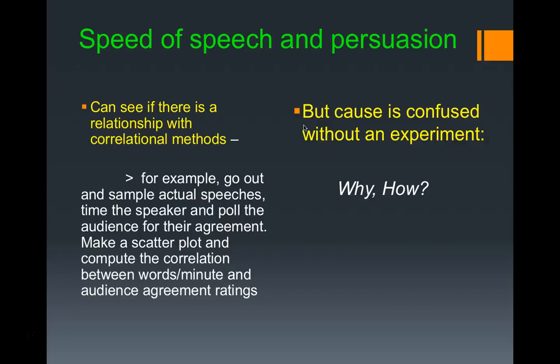There can be third variables going on. Maybe the speech was less complicated, so therefore easier to deliver in a faster, better paced manner, and because the content was straightforward, the audience more readily agreed with it. So there's all kinds of third variable issues that could get involved here.